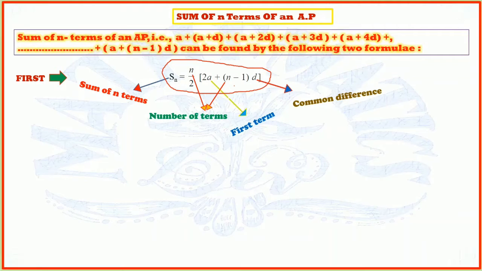When the last term is given as a numerical value, this formula can be rewritten as follows. The second formula is similar to the first one, but we use it only when the last term is given. Otherwise we will use the first one. So what is the formula when the last term is given? Sn is equal to n by 2 into a plus L. Now look here, a plus L. What is L?